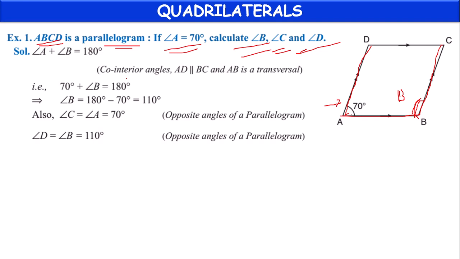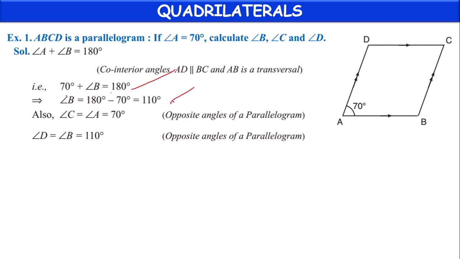This is the transversal. Then these two angles A and B will become co-interior angles. So they are supplementary. So A plus B is 180. Which means 70 plus B is 180. B equal to 110.